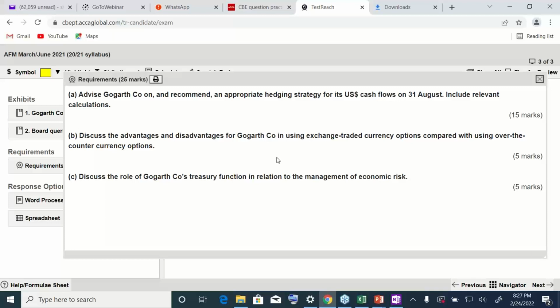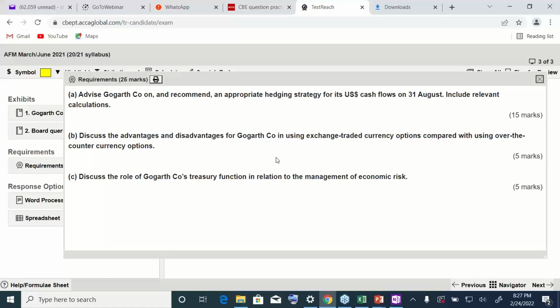Number 1 step is: advise G company on and recommend an appropriate hedging strategy for its US dollar cash flows on 31st August. So on 31st August, you are going to receive or pay some US dollar cash flows. You have to hedge that amount.